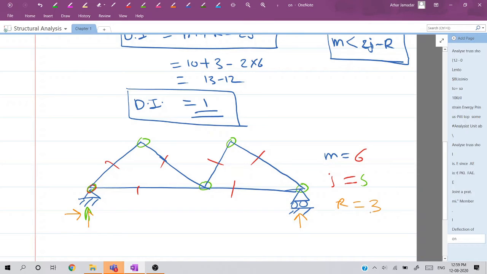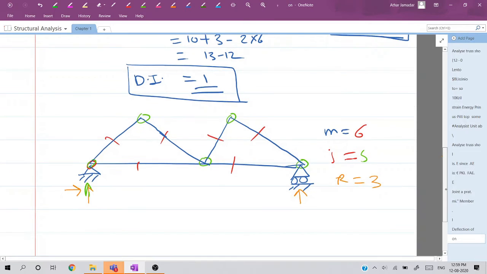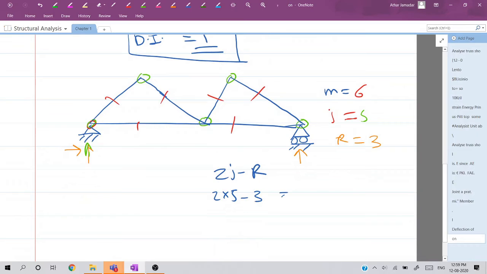Now if you put in our initial formula, m is 6, and 2j minus r, so joints are 2 into 5 minus 3, is going to be 7, which is greater than m, that is m equal to 6.